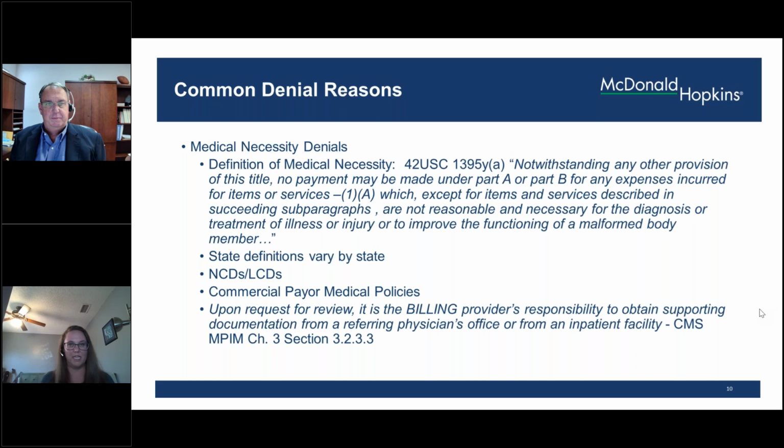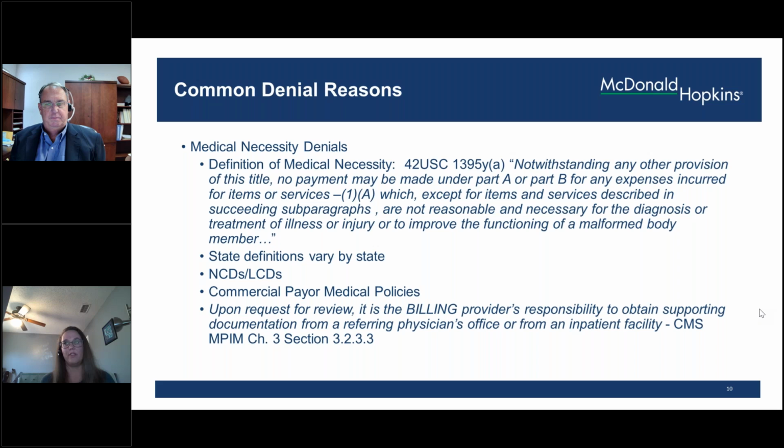They're the ones who got the money, so they're the ones the payer is going to look to for documentation to support that the money is there. And this is where developing a really good relationship with your referring institutions and referring providers, putting language in contracts if possible, and making sure you have an arrangement where you can get these documents from these clinicians when you need them is really key.